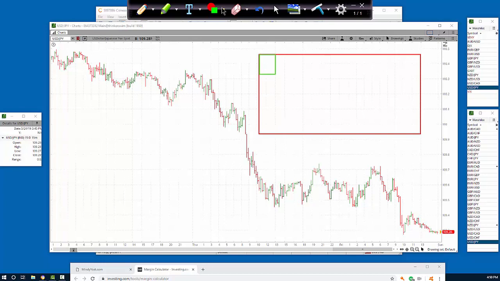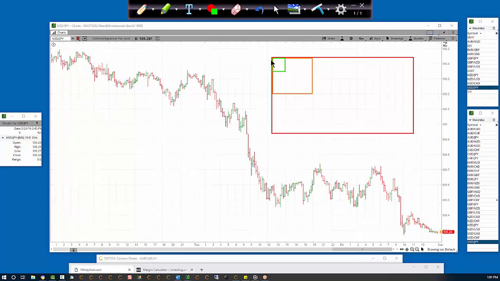So that might look something more like a box about this big. The higher the leverage, the more money you can control for the least amount of money. Okay? So this is the power of leverage.